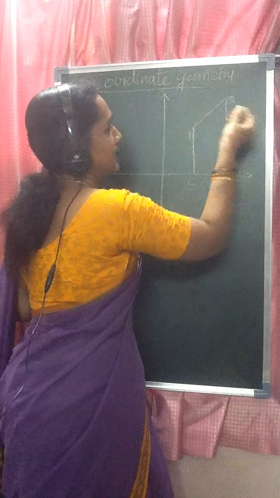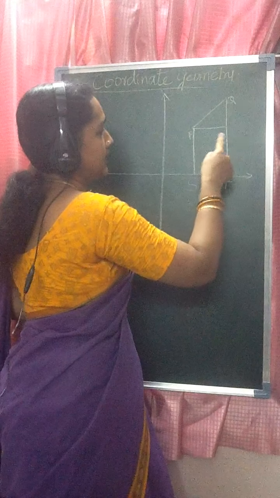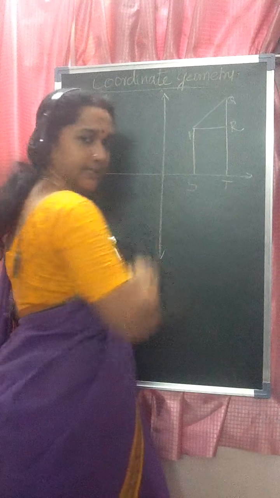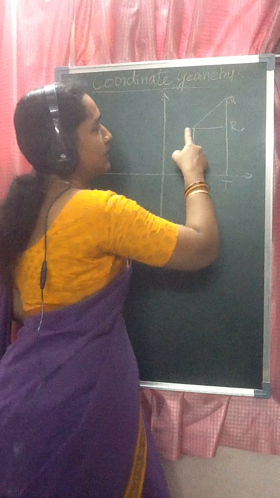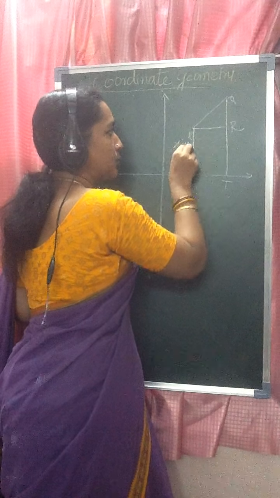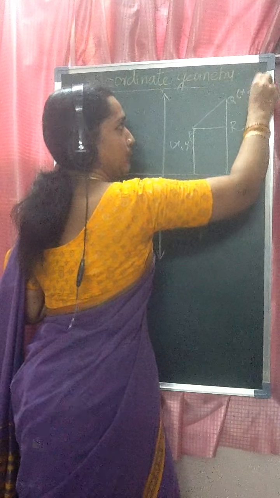Then another perpendicular line will be drawn here. Name it as R. So now you got a right triangle. You take this point P as x1, y1 and this point as x2, y2.